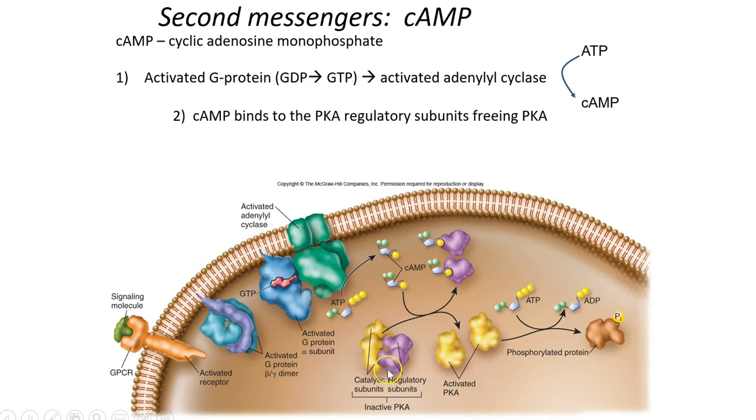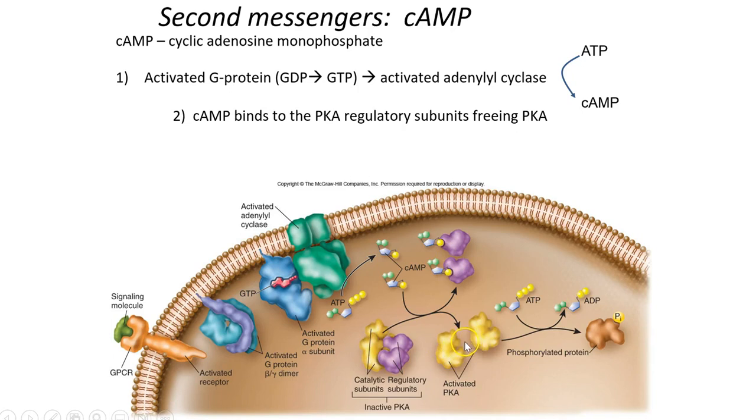Normally, the pKa inhibitor is inhibiting pKa from doing its job downstream. So in the absence of cyclic AMP, the inhibitor is keeping pKa from doing its job. But when cyclic AMP binds to the inhibitor, now the pKa is released, right? So I've blocked the inhibitor.